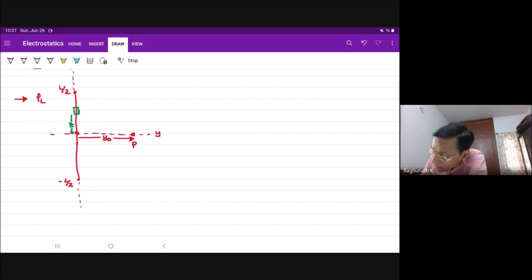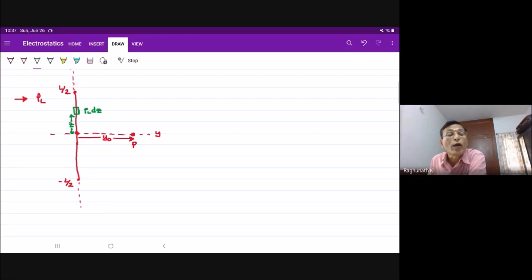Please understand the process. At any z, dz is the length. Rho L dz is the differential line charge.